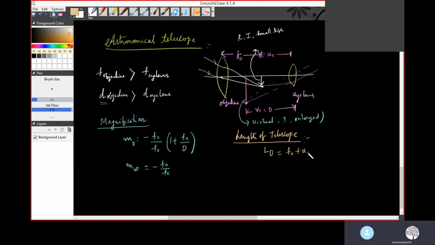Now L infinity is F naught plus Fe, because UE is equal to Fe, and then you will get the image at infinity.